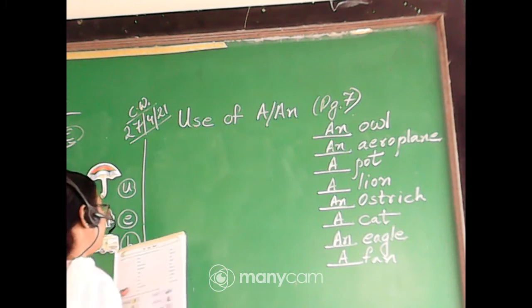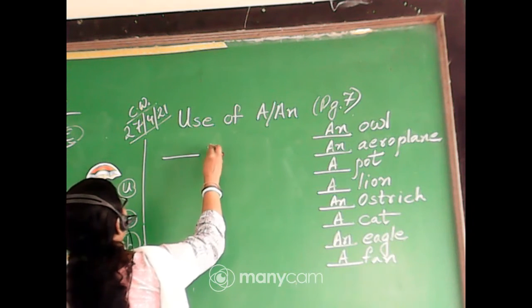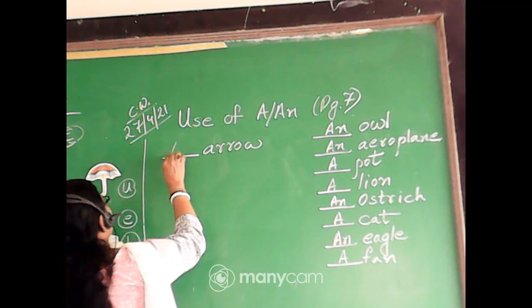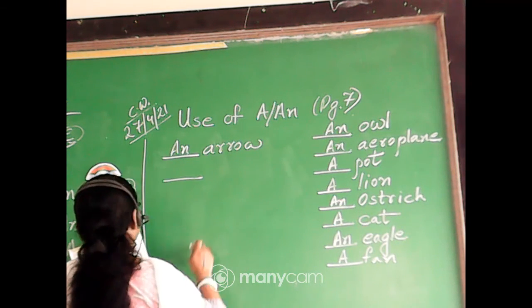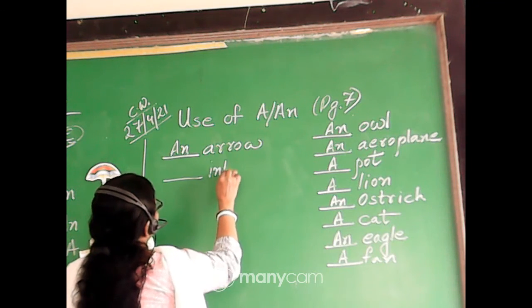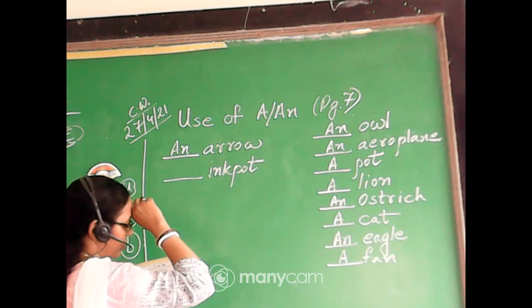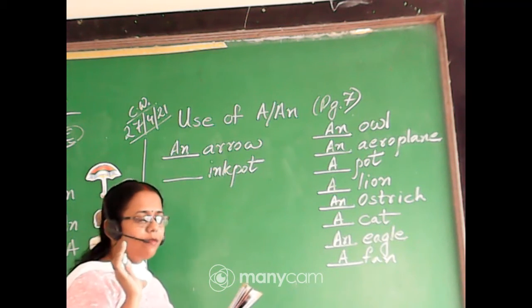Okay, next we have completed up to fan. Here comes arrow, an arrow. A is a vowel. I'm very sorry students, A is not a consonant, A is a vowel. Next comes ink pot.